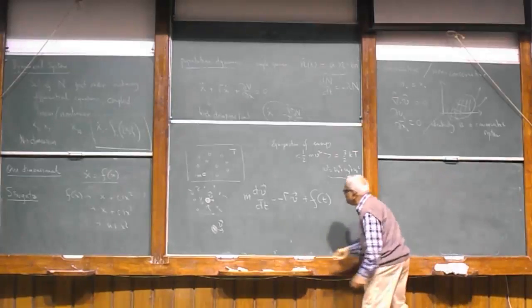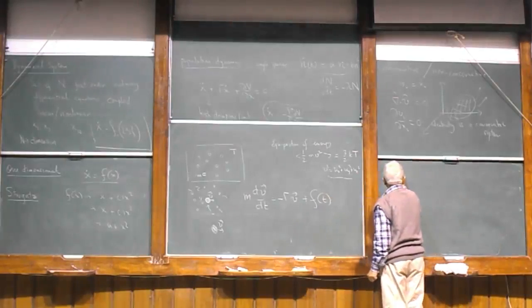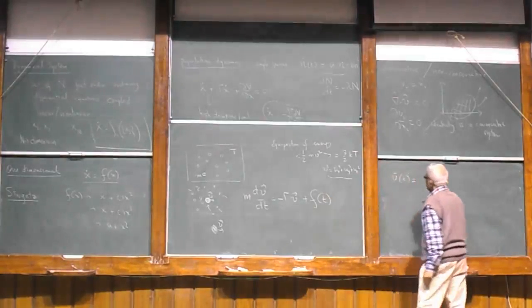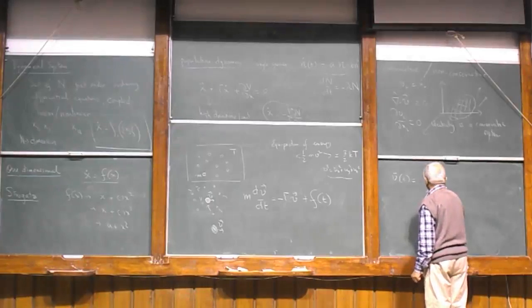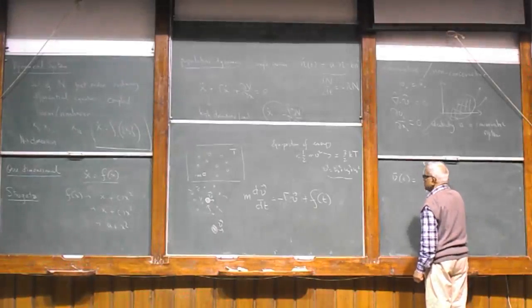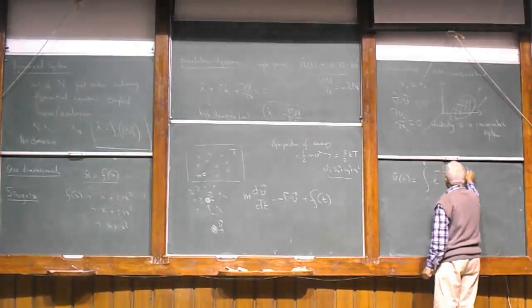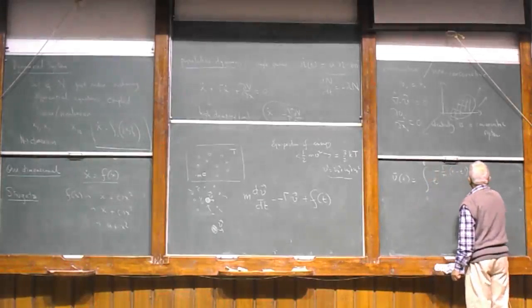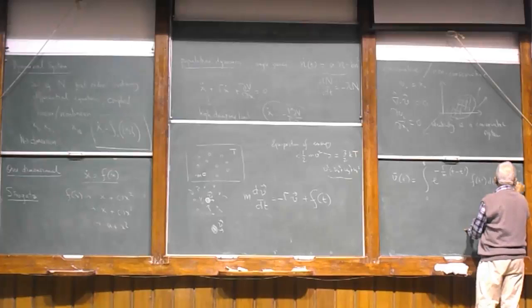I can immediately write down the solution as v of t is the integral from some initial time, call it 0, up to t, of e to the power minus gamma over m, (t minus t prime), f of t prime, dt prime, plus v at t0.